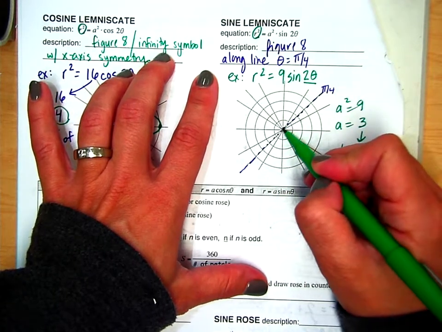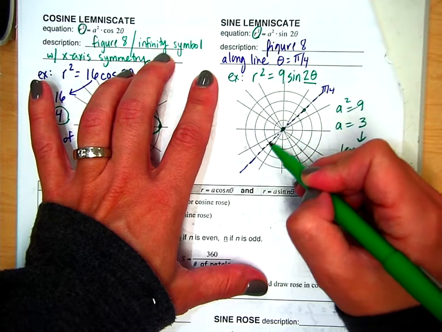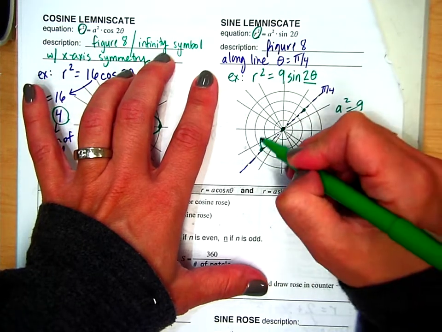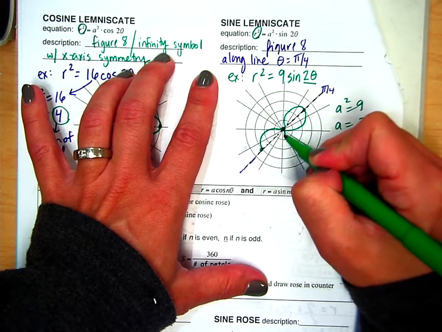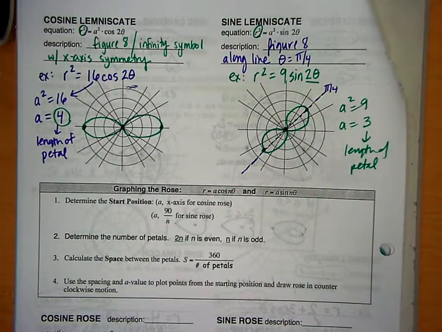So again, I start at my pole, go out 3 in each direction, and then draw my figure 8. There's my lemniscate. Just the same thing. When it's negative, it just means it starts on the negative side and then goes around versus starting on the positive side and going around.